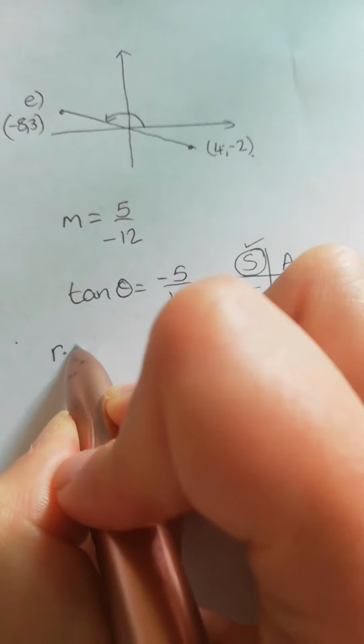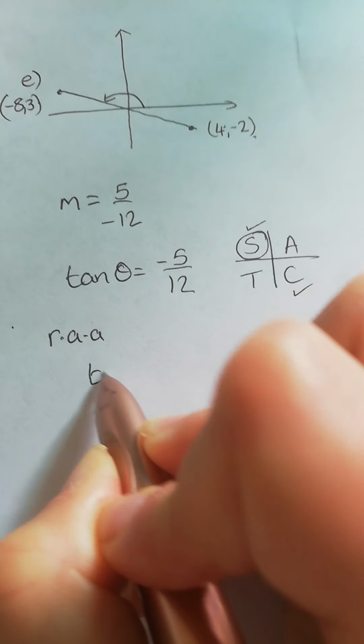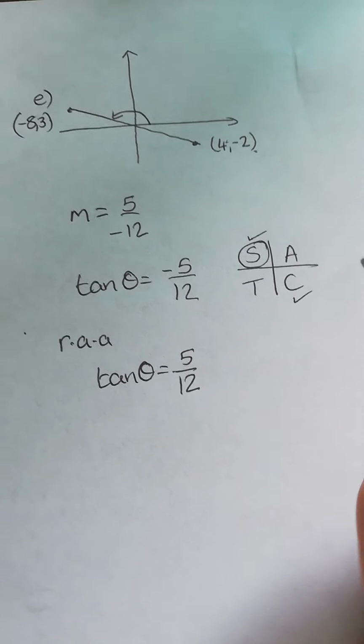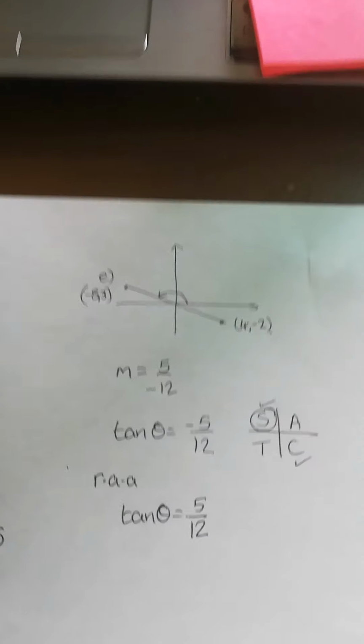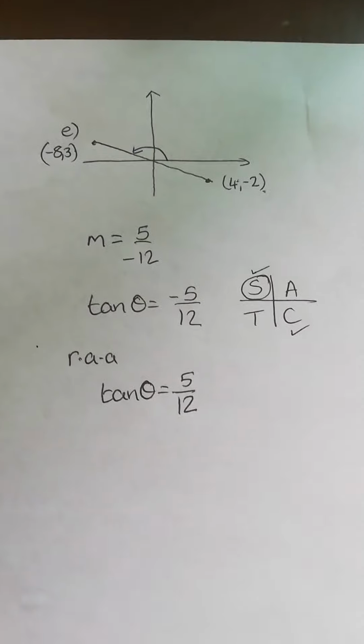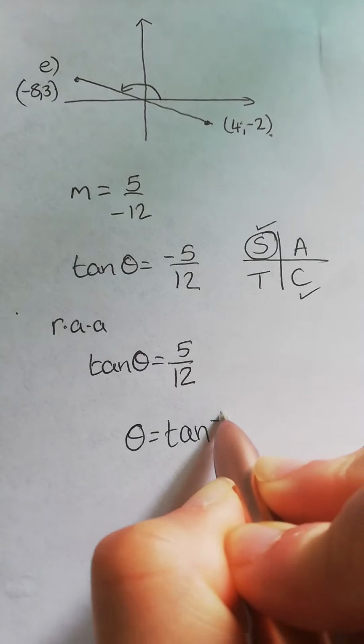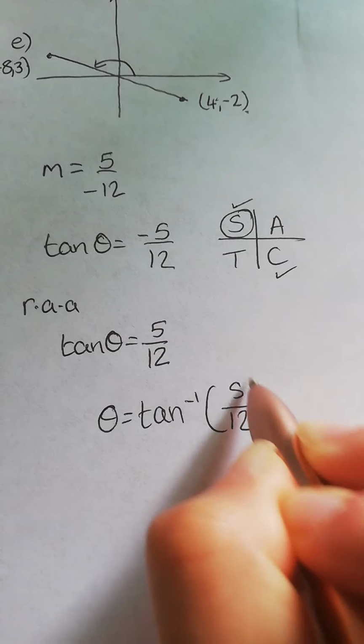So we do our related acute angle, and we've got that tan theta, we're now going to use 5 over 12. Okay, now I need to grab my calculator to get what this one's going to be. It's not going to be as straightforward, so theta would be tan inverse of 5 over 12.